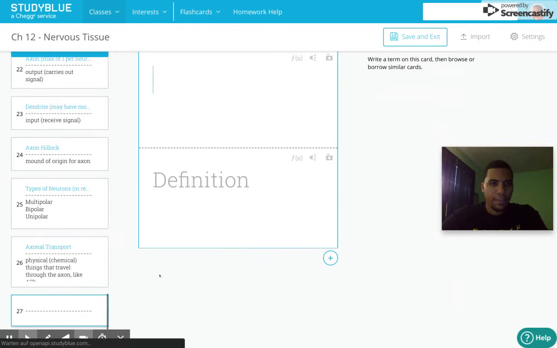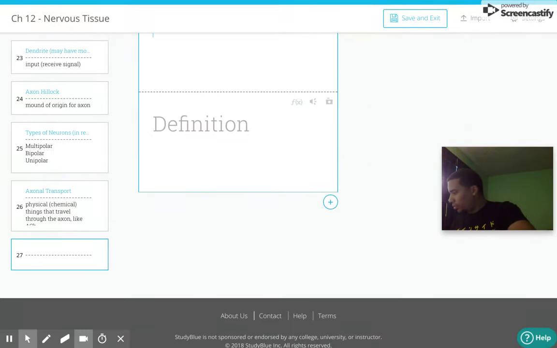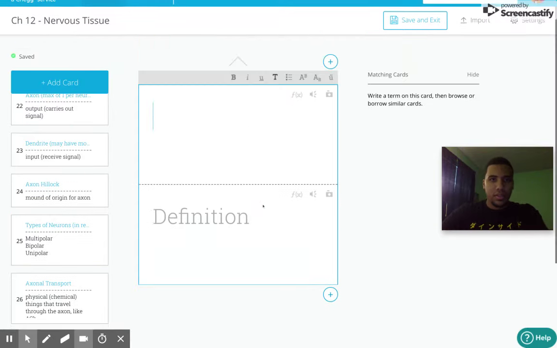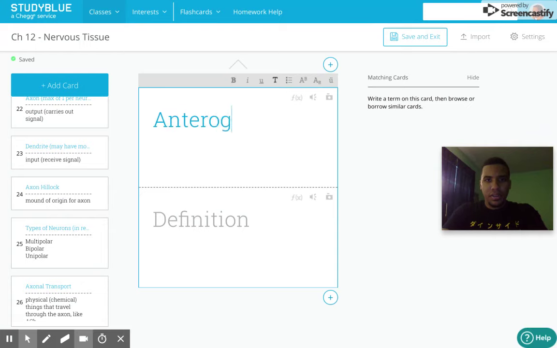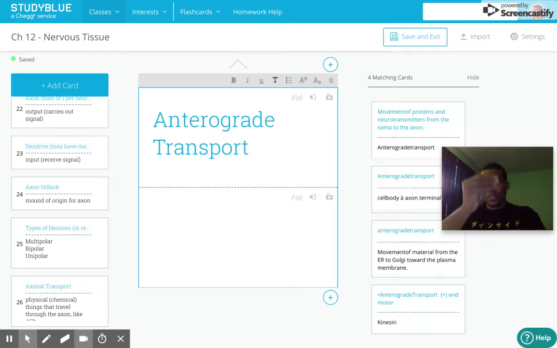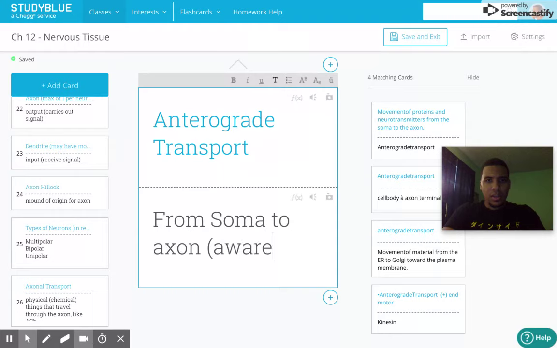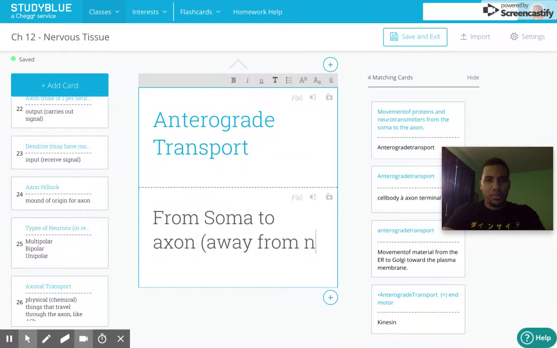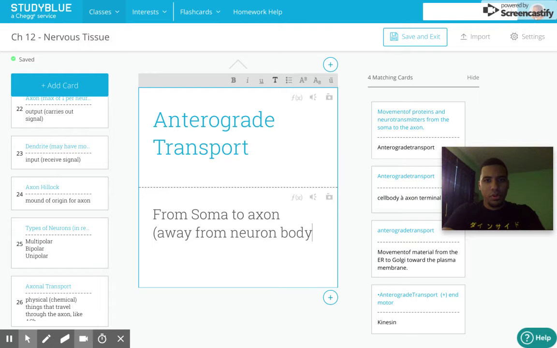All right, so that's that. And the transport can be anterograde or retrograde. So anterograde transport, that's just from soma to axon. It's away from the soma. So from soma to axon, I'm going to put away from neuron body.